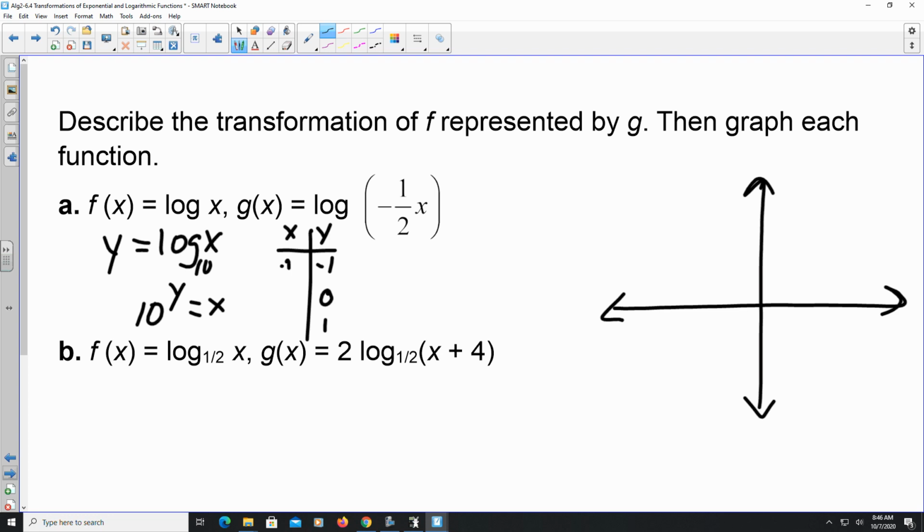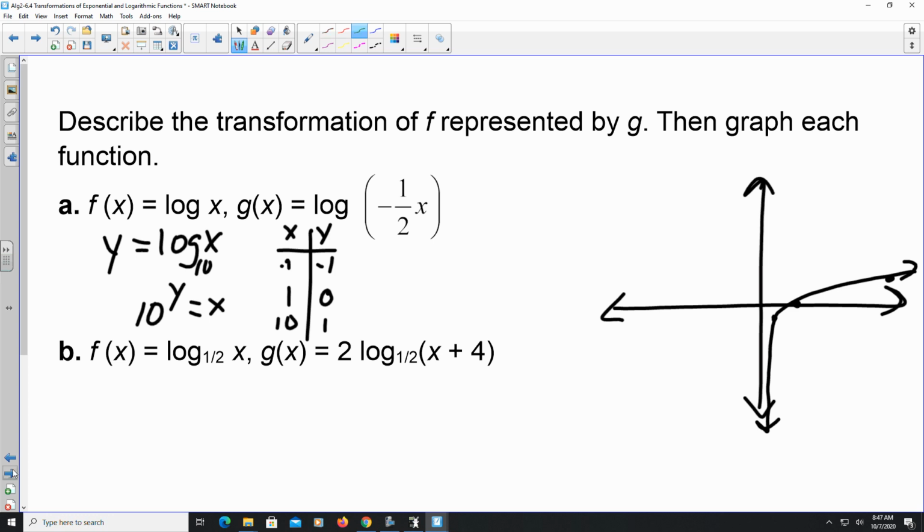This will be 1, and then this will be 10. So I got here, here, and then something right here. So it kind of looks something like this. So that is the first graph.